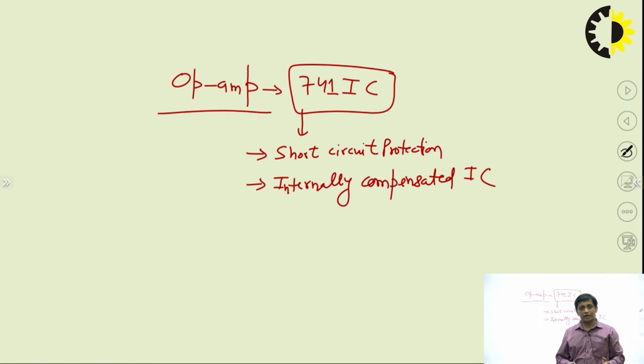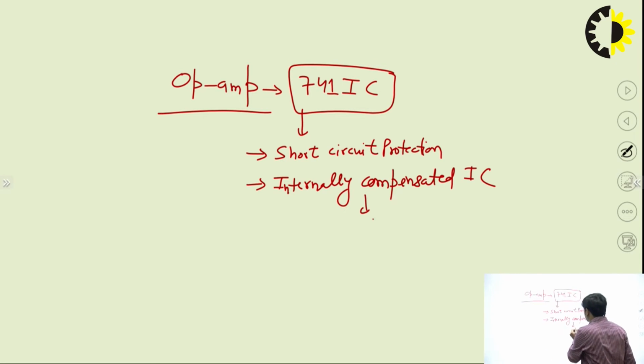We know that for any circuit to be stable, the gain margin and phase margin should be positive. So we need to compensate the multi-stage amplifier, and this op-amp is a multi-stage amplifier. To stabilize that op-amp, we use some frequency compensation technique, and one of them is Miller compensation.